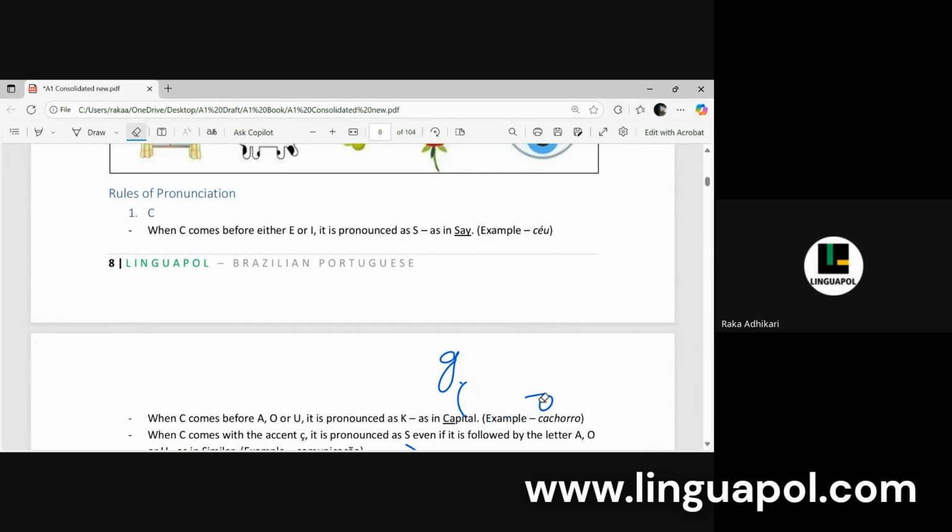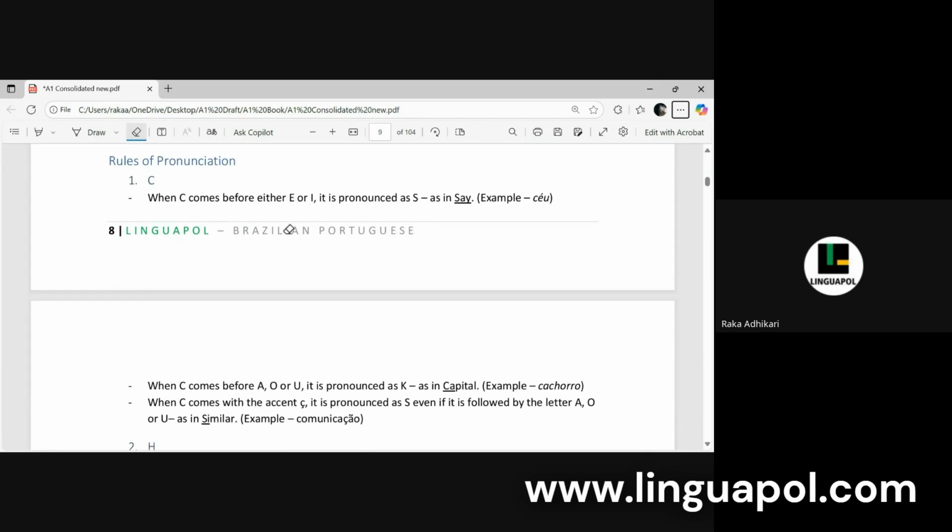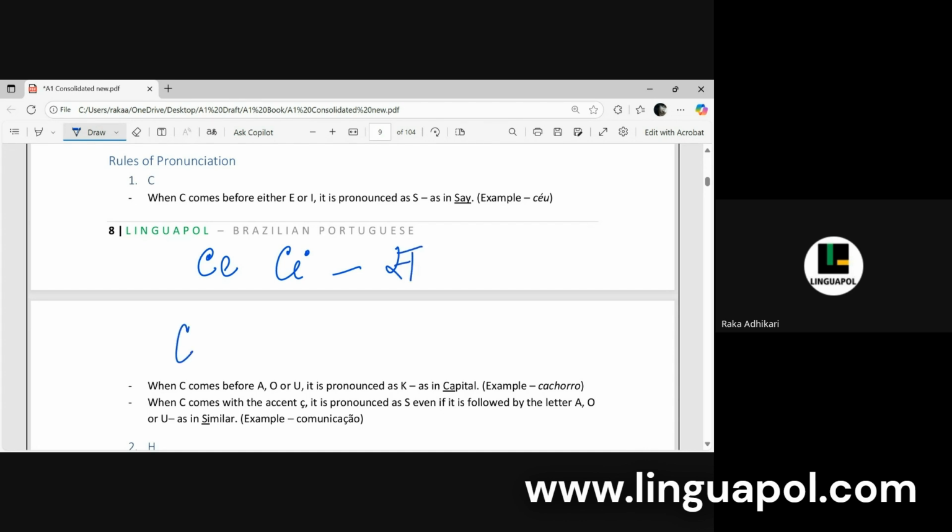The first one we will read is the letter C. When the letter C comes with the combination of CE or CI, it will give the sound of S. Whereas if it comes with the rest of the three vowels, that is CA, CO, or CU, then it will give the sound of K.